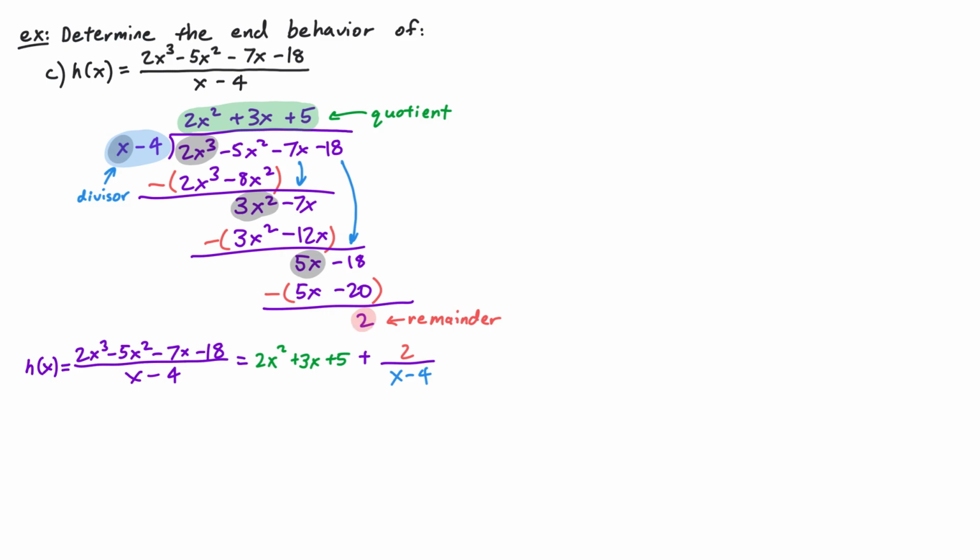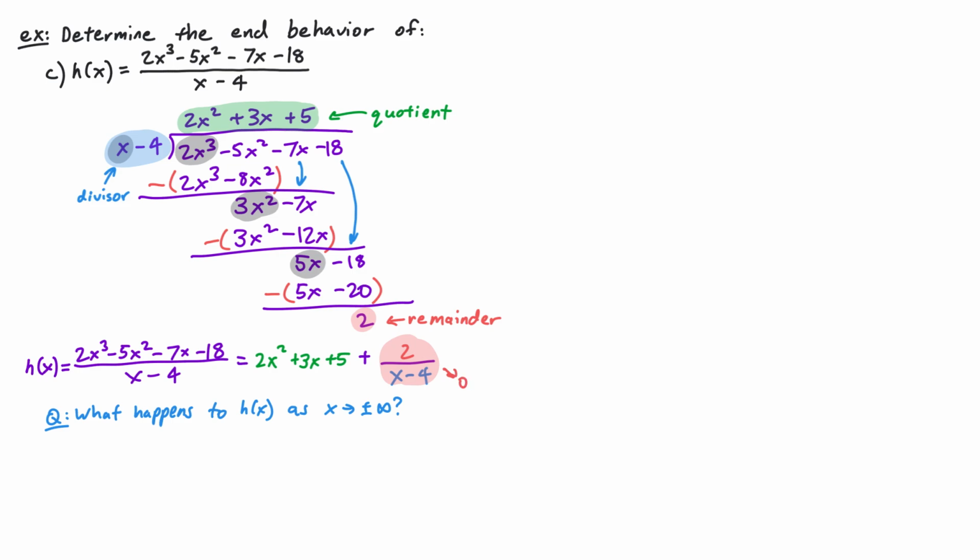So we can rewrite our function h of x as the quotient 2x squared plus 3x plus 5 plus the remainder 2 divided by the divisor x minus 4. If we ask ourselves what happens to this function as x goes to plus or minus infinity, we'll notice that this fractional component at the end, the remainder divided by the divisor, will go to 0 as x gets larger and larger.